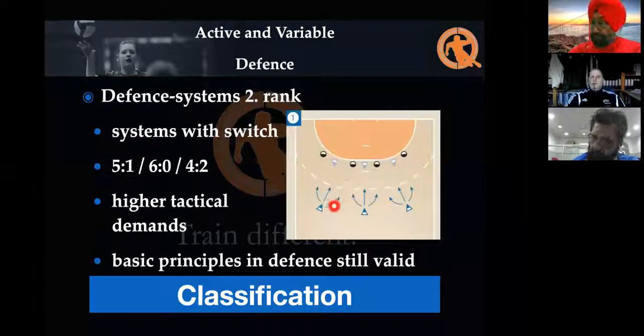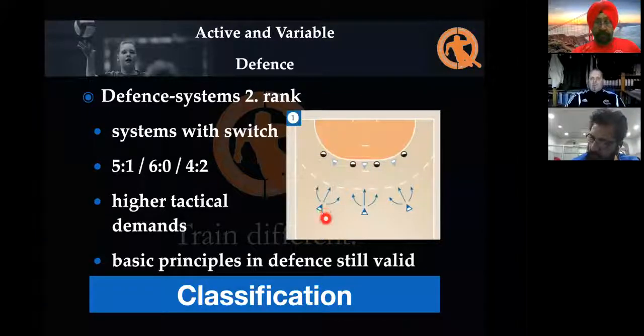Now, in a situation with the left back in ball possession and the pivot between half defender and inside defender, for instance in a 6-0 defense, this is a 2-on-2 situation in that area.